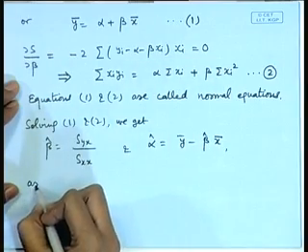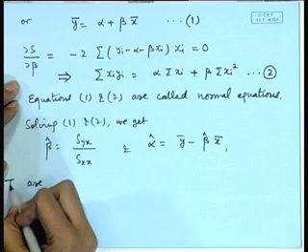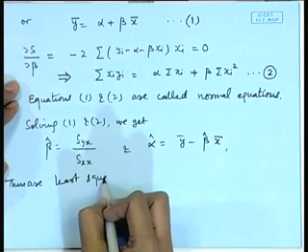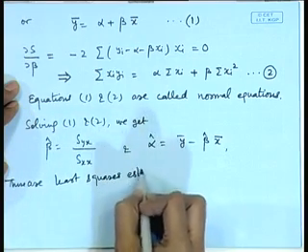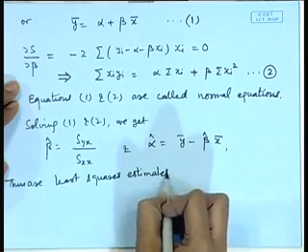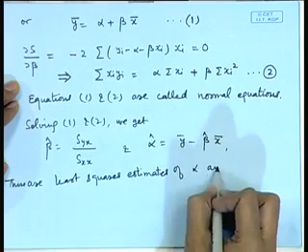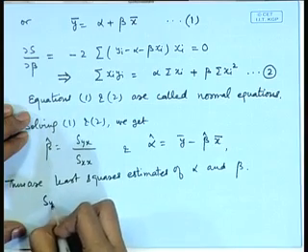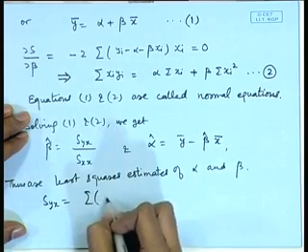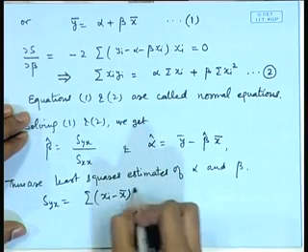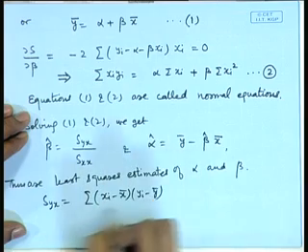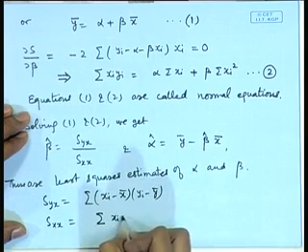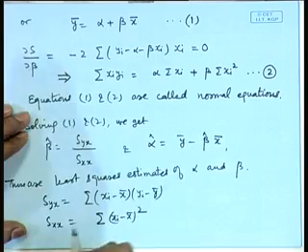So, these are the least squares estimates of alpha and beta. Here Syx is sigma xi minus x bar into yi minus y bar, and Sxx is equal to sigma xi minus x bar whole square.